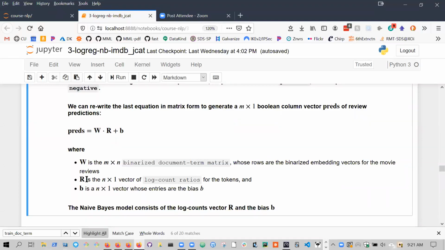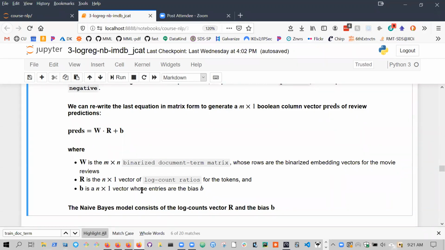R is the n by 1 column vector of log count ratios for all the tokens, so it has a length of 6016. And B is an n by 1 vector whose entries are all equal to the same number, the bias b, which we've already computed.